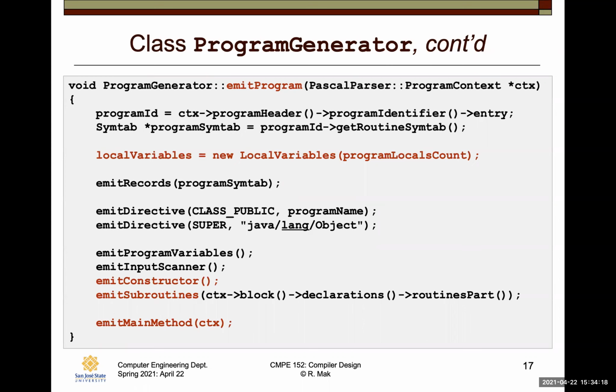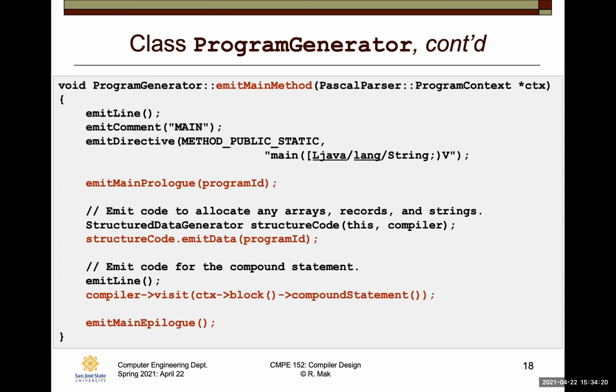and that will end up giving us the Jasmine file. Here's init main method. Here's the dot main, and I don't know how these underlines got in here, but anyway, this emits the header, emits the prologue, which is the code that sets up the timers and so forth.